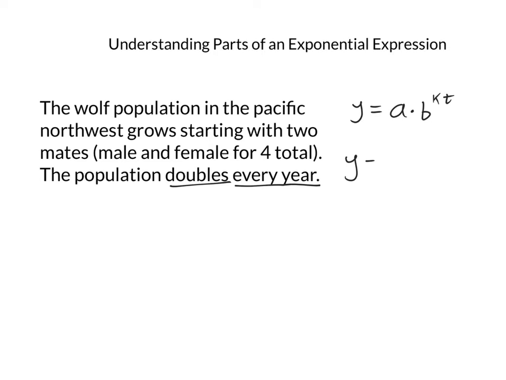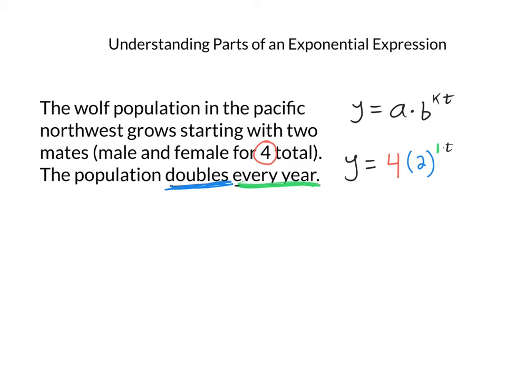Maybe I'll do this a slightly different way. I will start with my A is 4, so I'm going to do 4 in red. And doubling is in blue, so I think about doubling every year. So every year is that K thing, and so my K is going to be 1, and then T is essentially my variable.